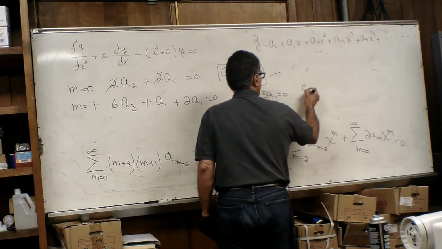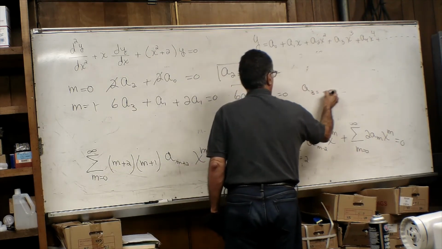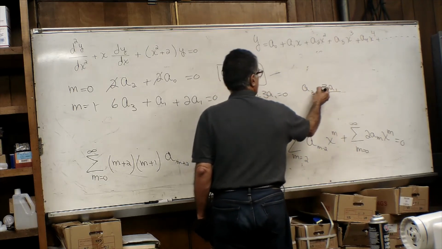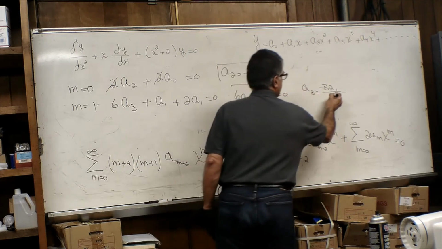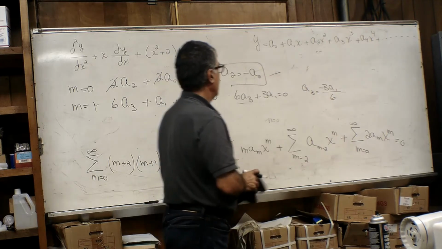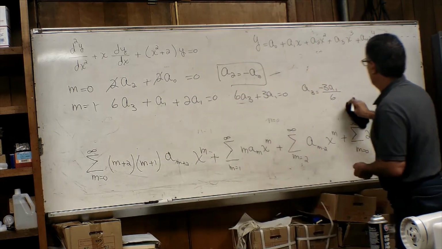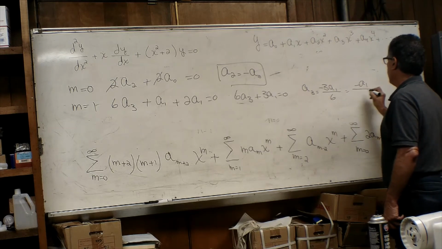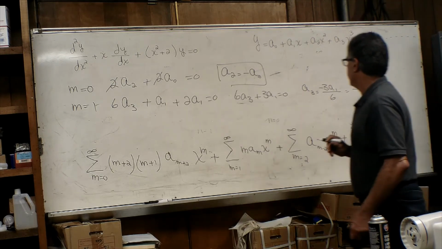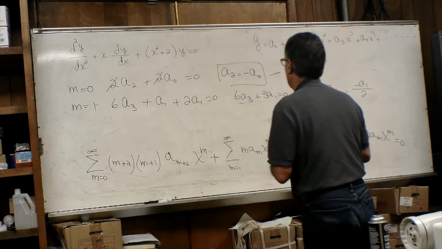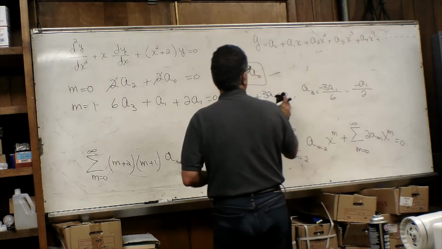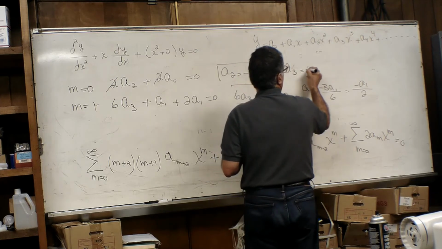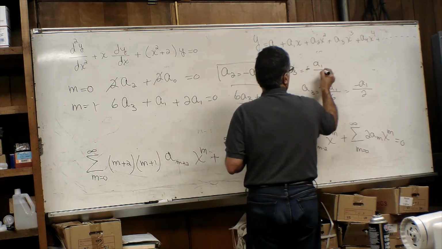So a3 will be equal to minus 3a1 divided by 6. So a3 will be minus a1 divided by 2.